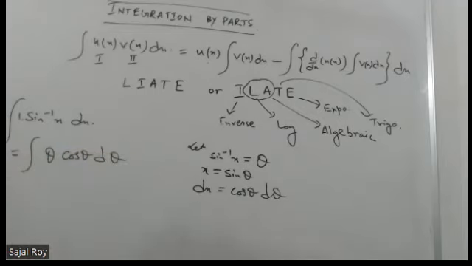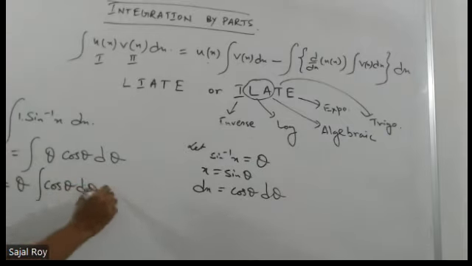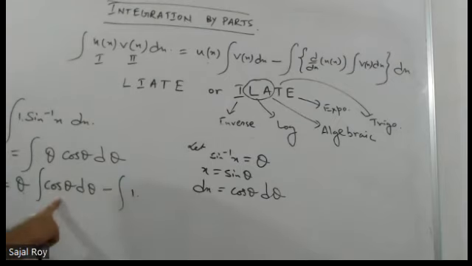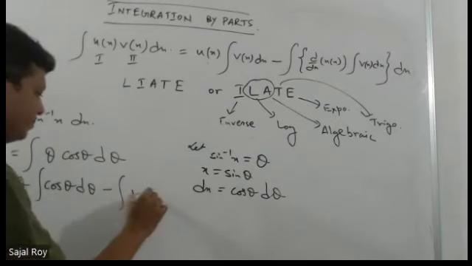Tell me, have you understood? Because sin inverse x is replaced by theta and dx is replaced by cos theta d theta. Now you have algebraic and trigonometric. Which one is your first function? Algebraic. So theta is the first function. So cos theta d theta minus the derivative of theta, which is 1. What is the integration of cos theta? Sin theta.